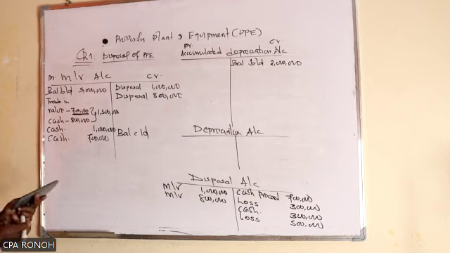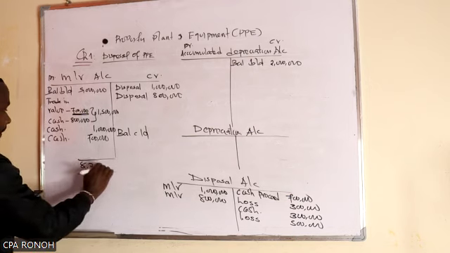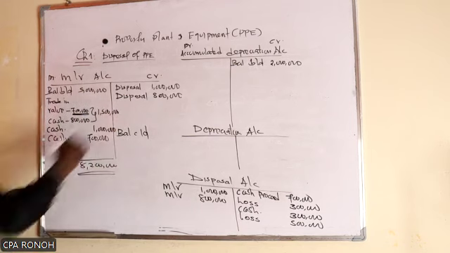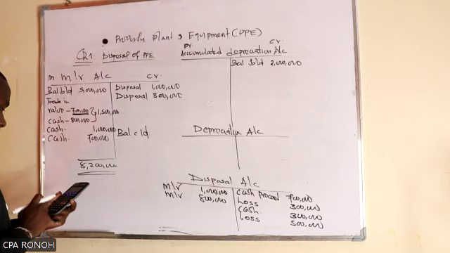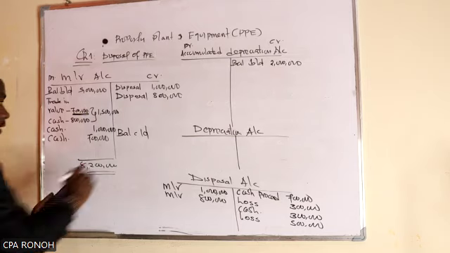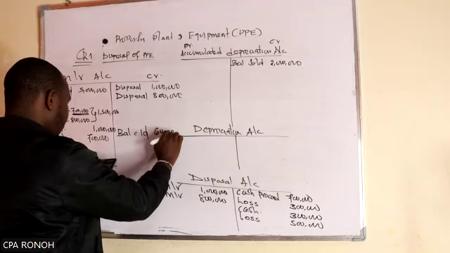So I'm getting 8.2 million. Then subtract 1 million minus 800,000. So here I'm getting 6.4.